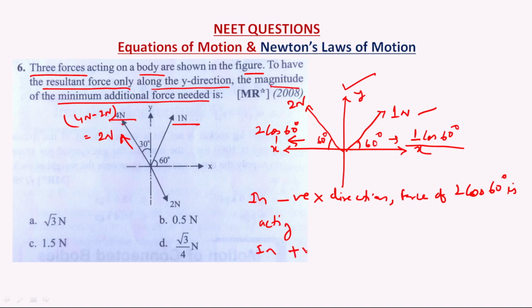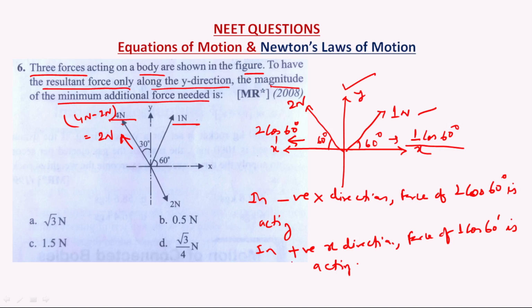In positive x direction, a force of 1 cos 60 degrees is acting. So again it is a disbalanced force, right? On the left hand side 1 cos 60 degrees will be acting more.